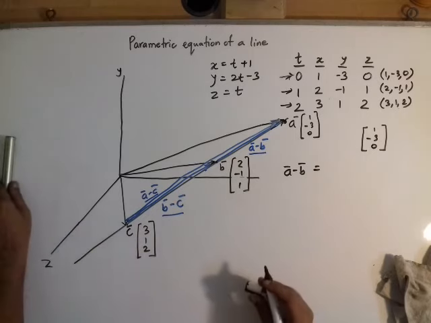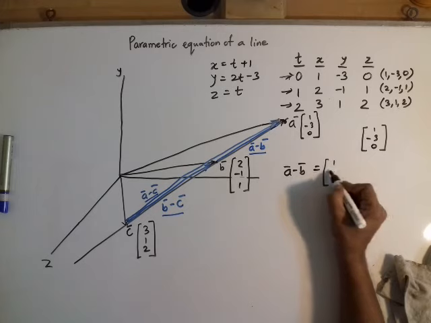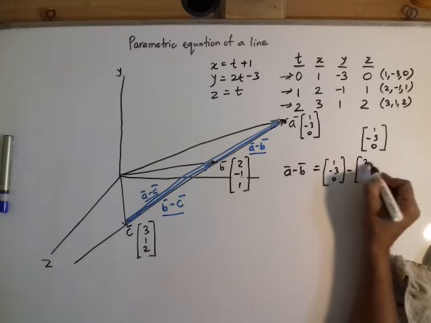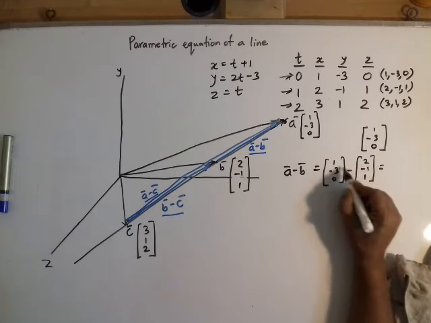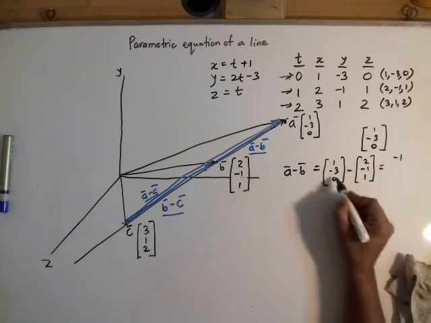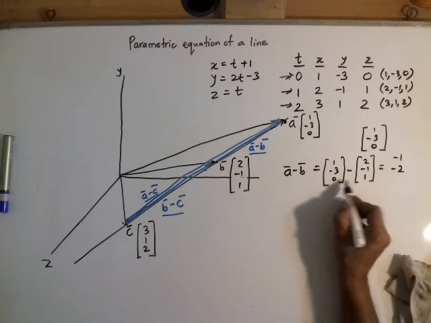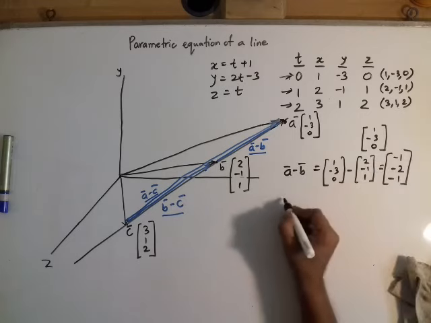Vector subtraction, simple, right? A minus B is equal to 1 minus 3, 0, minus 2 minus 1, 1, which equals 1 minus 2, minus 3 minus minus 1, 0 minus 1, which is minus 1, minus 2, minus 1. Okay, very good.